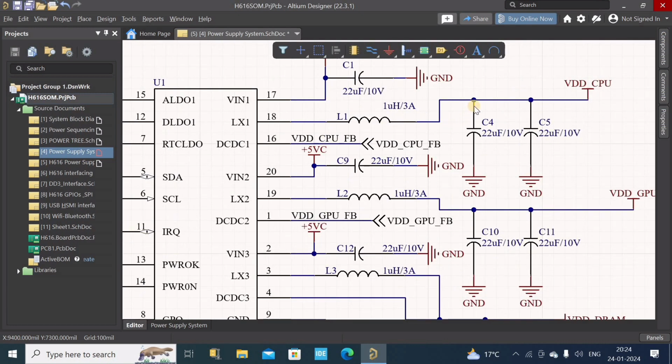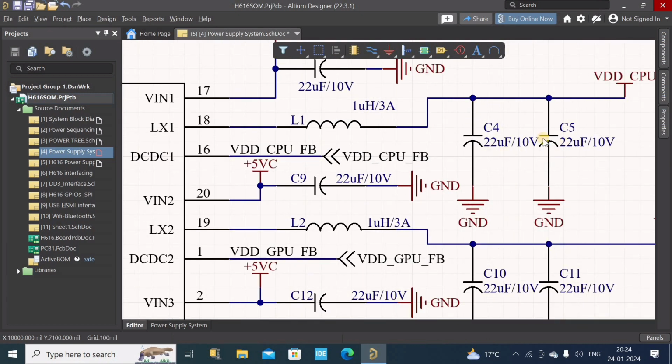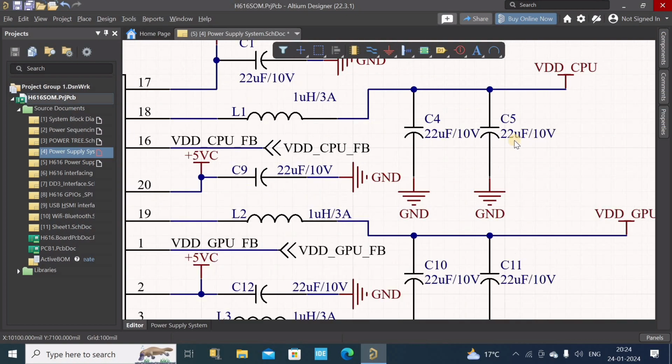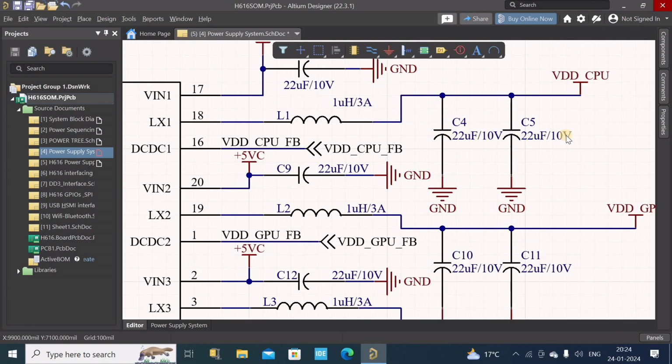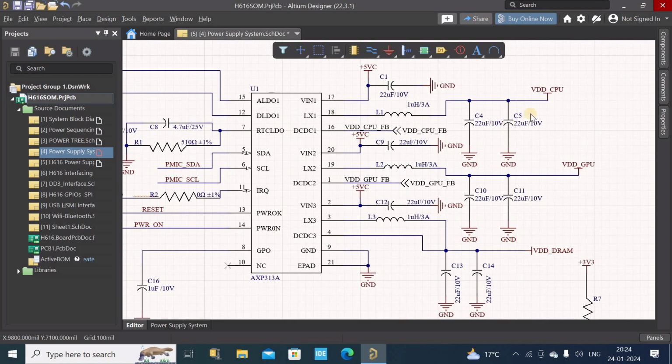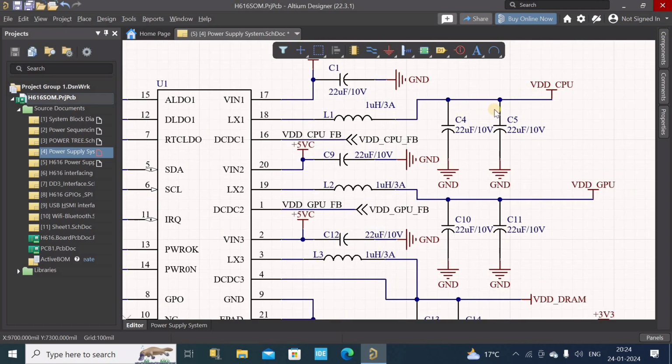Okay, at the output of this we have two bulk capacitors, and this is again for storing energy whenever it has to connect so many components or power hungry devices. So these two capacitors protect this IC chip from damage when it has to be connected to power hungry devices or too many pins of our SoC.